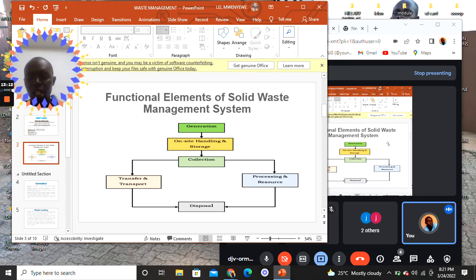The first one is generation of solid waste, then we have handling and storage, then collection of solid waste, then processing and resource recovery, then transfer and transportation, and then finally disposal.